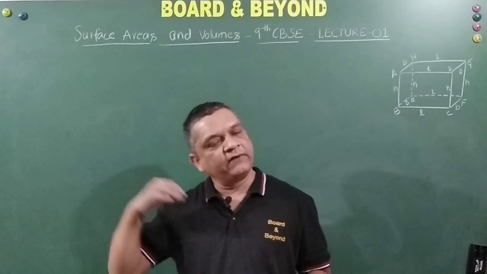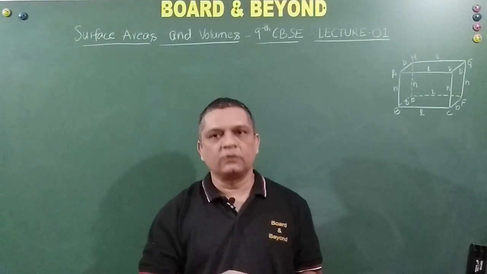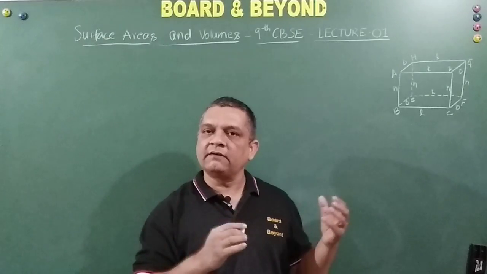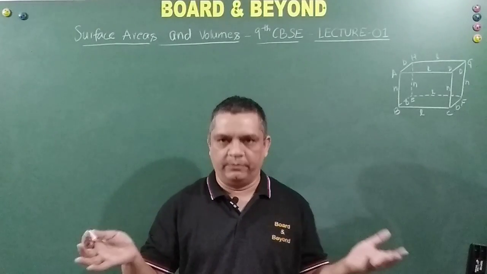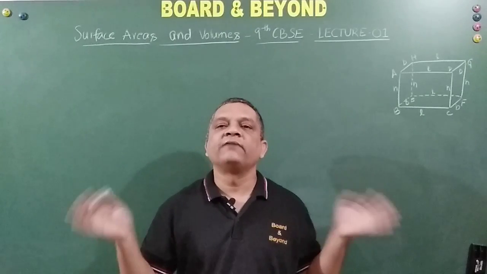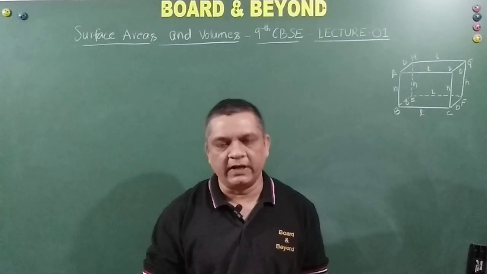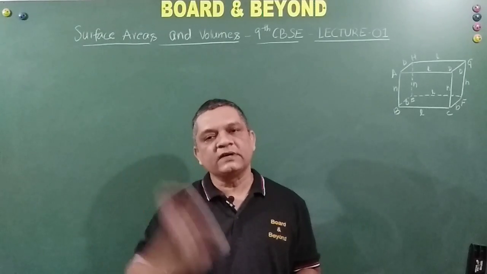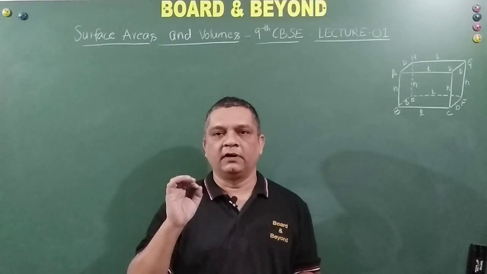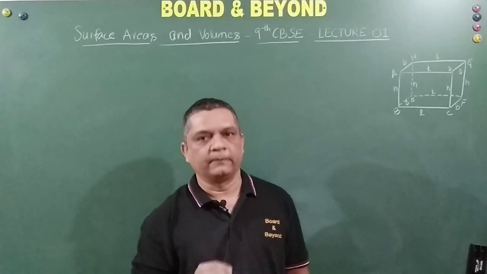There are different types of solids around us. We will stick our discussions to solids of regular shape, that is, with flat surfaces. It can have a curve, but it should be a regular shape. So with this understanding, let us take the first regular solid, which we call a cuboid.